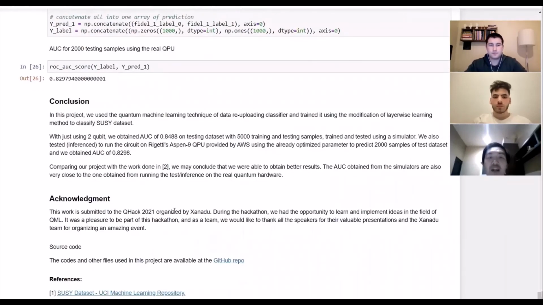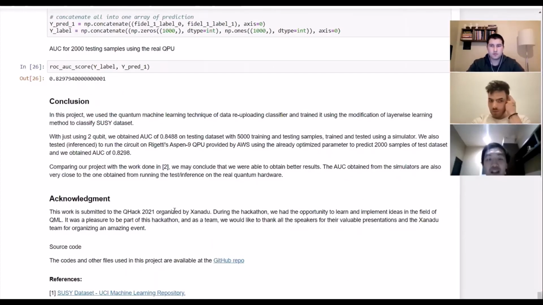In conclusion, in this project, we managed to build an algorithm and to train quantum circuits to classify the SUSY dataset. We train it by using a modification of the Layerwise learning with data-reuploading classifier scheme. With using in total just 2 qubits for the training, we obtain an AUC of 0.848 on the testing dataset with 5,000 training and testing samples in a simulator.